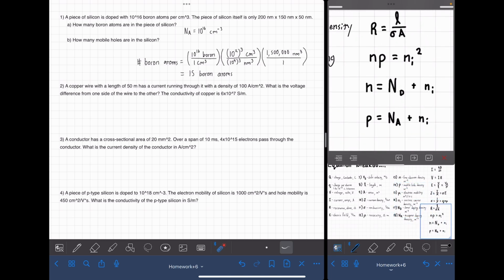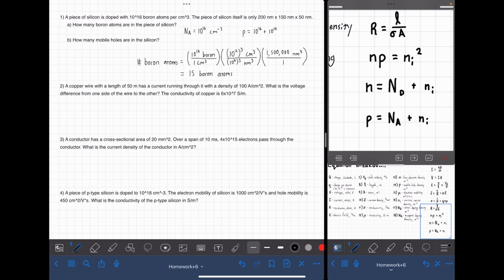So that's just how many holes the silicon has that are created thermally before it's even doped. So we have our Na of 10 to the 16, and we're adding the intrinsic carrier density of silicon, which is commonly 10 to the 10.